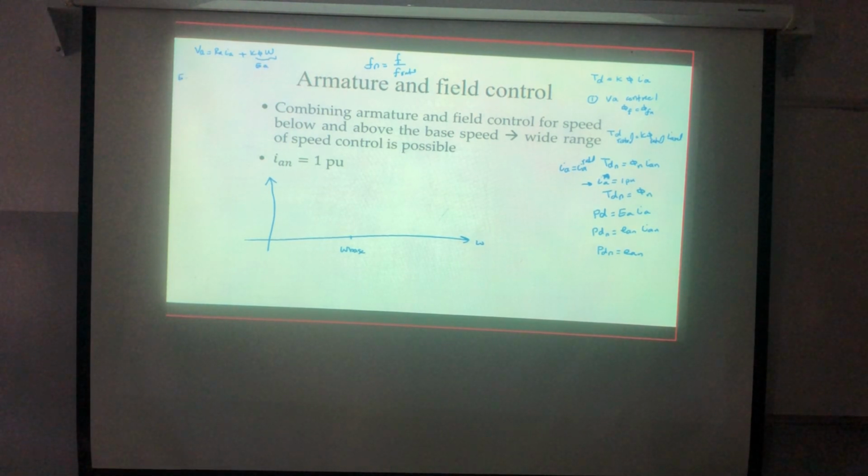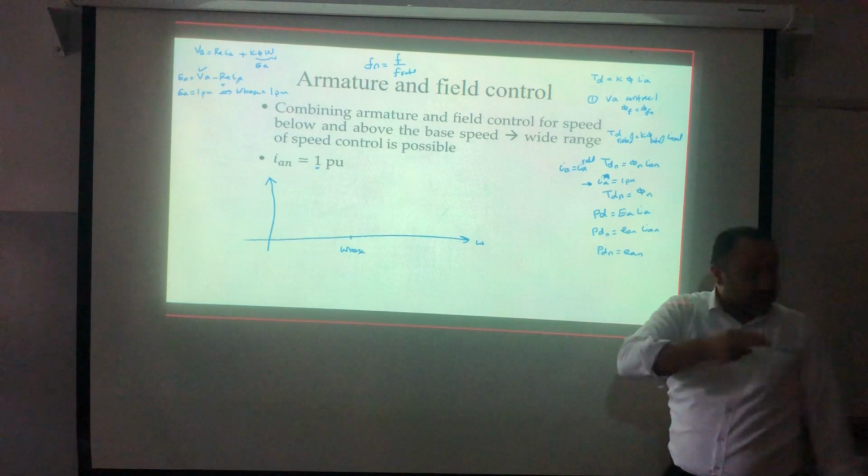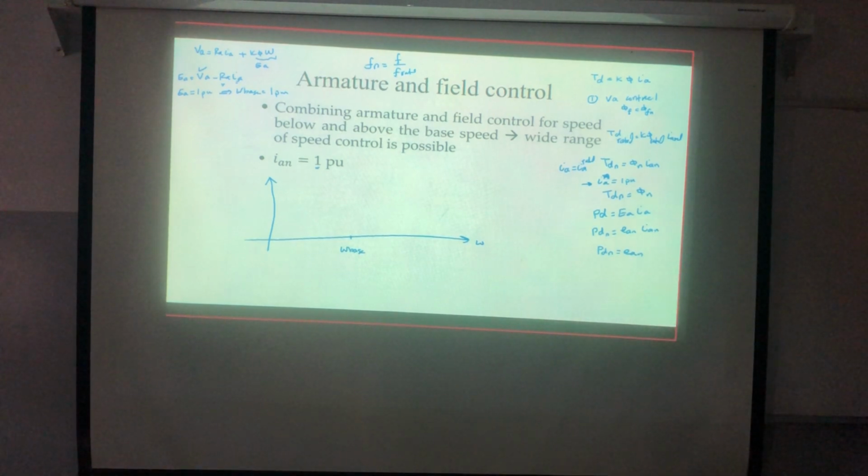So EA is equal to VA minus RA IA, because this one is rated at the base speed. And this one is not changed, it's the actual value. And IA here is assumed to be 1 per unit, so EA is equal to 1 per unit also, which indicates that omega base is also equal to 1 per unit, which is the rated value. So here the switching will be at the rated value.